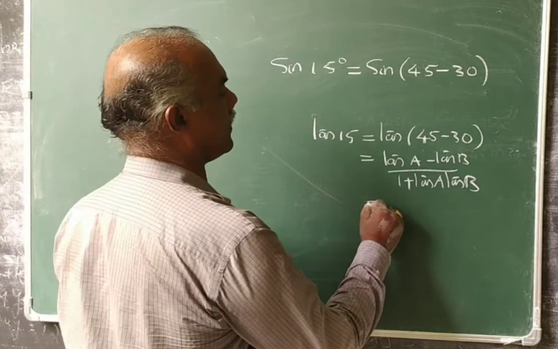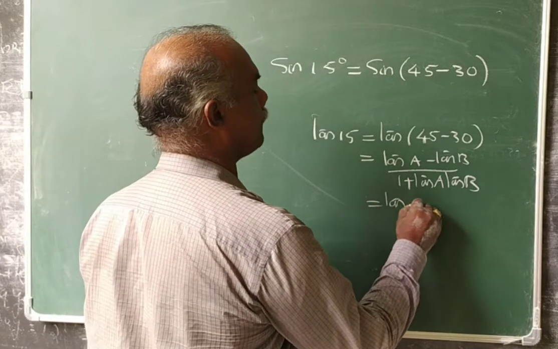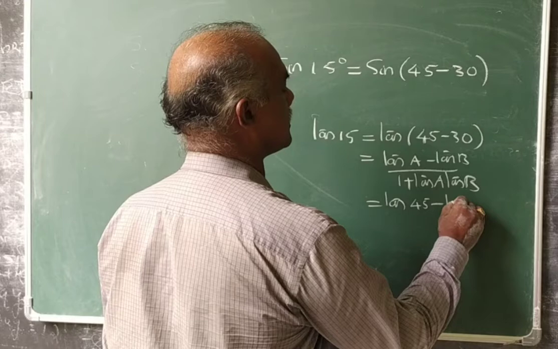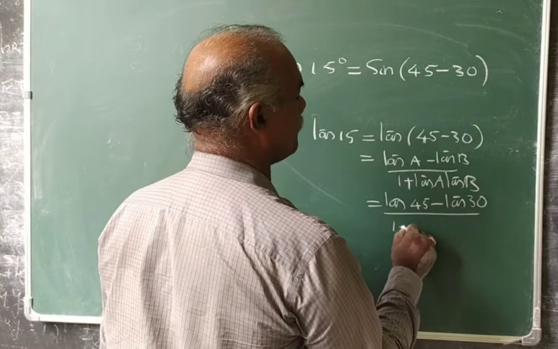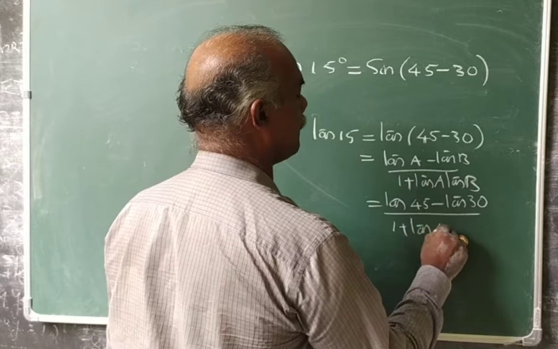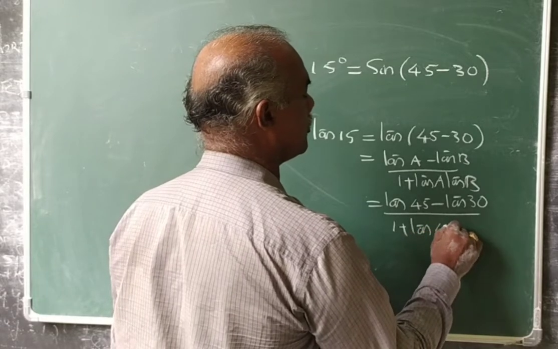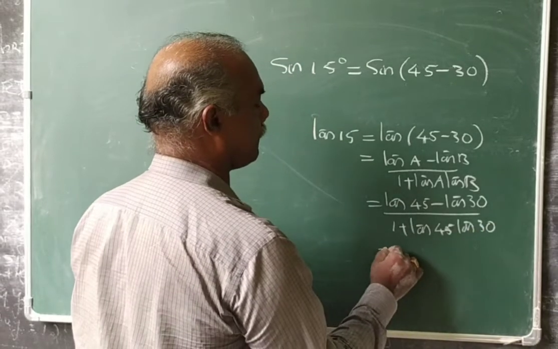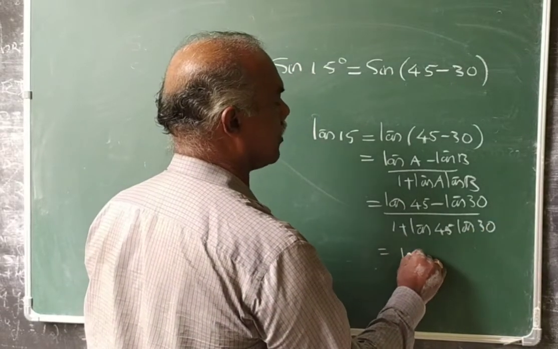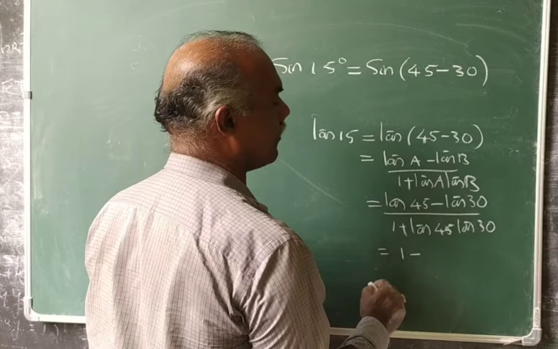So this is equal to (tan 45 minus tan 30) divided by (1 plus tan 45 into tan 30). And tan 45 as well as cot 45 is 1.